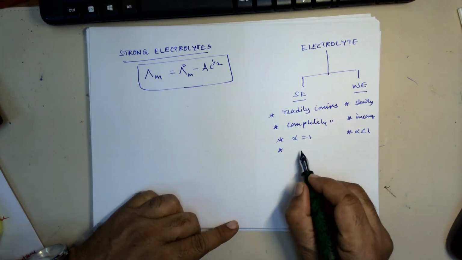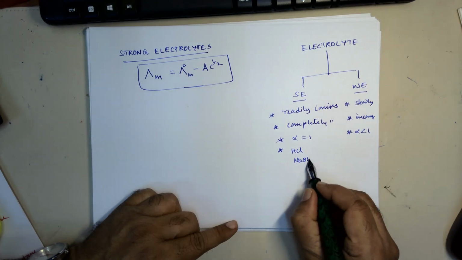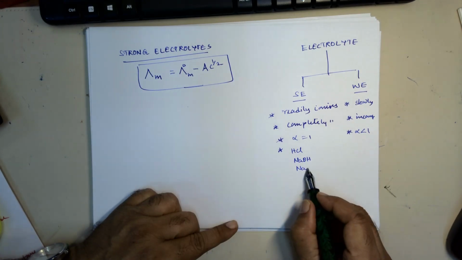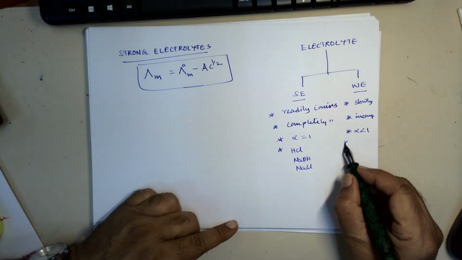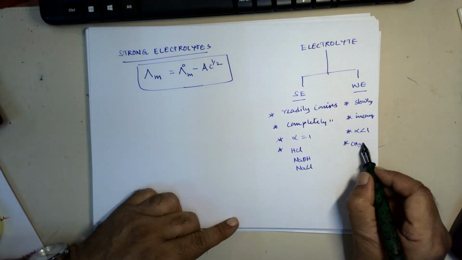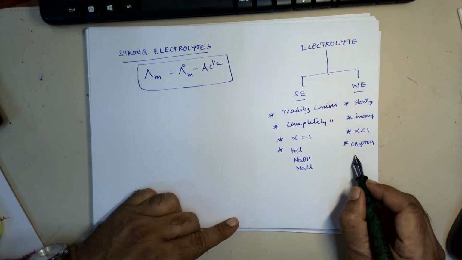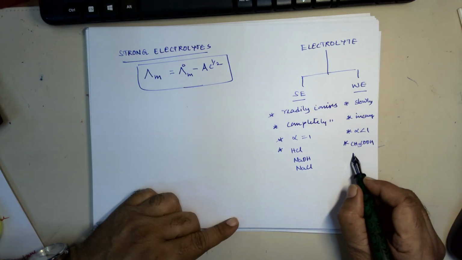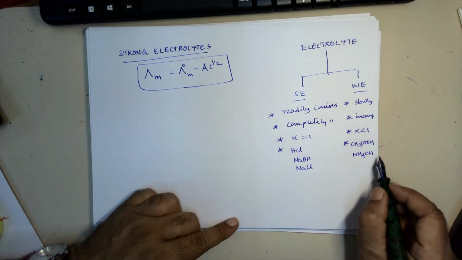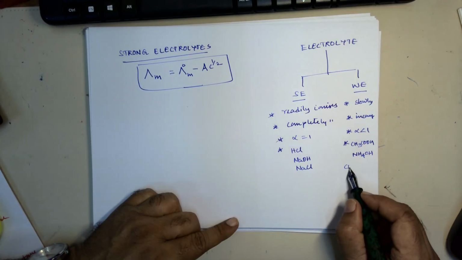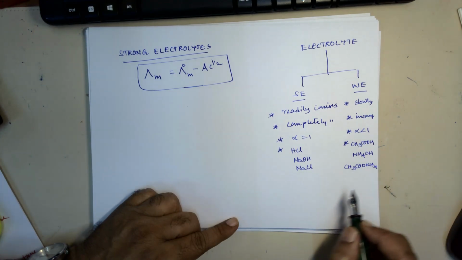Examples for strong electrolytes are HCl, NaOH, HNO3 and NaCl, so acid, base, and salt. Examples for weak electrolytes are acetic acid, since organic acids are generally weaker, then ammonium hydroxide, and ammonium acetate, CH3COONH4.